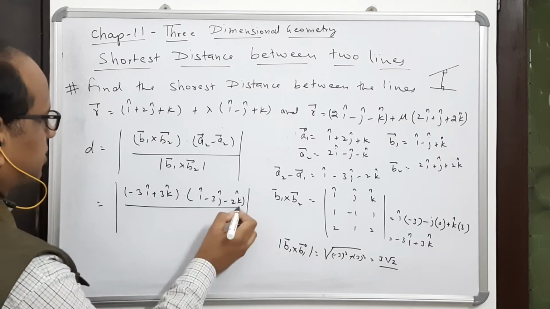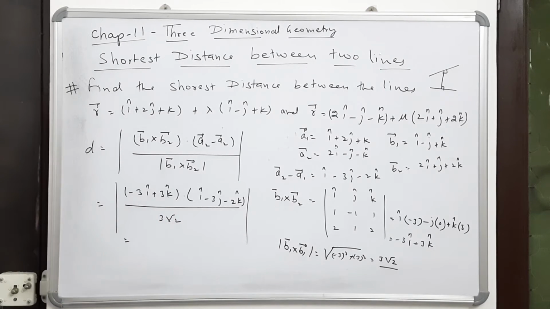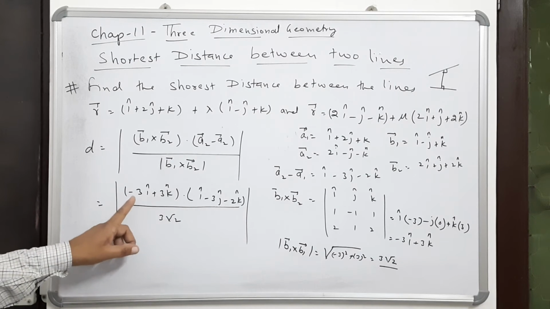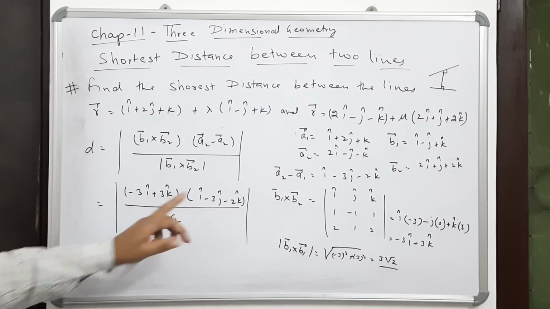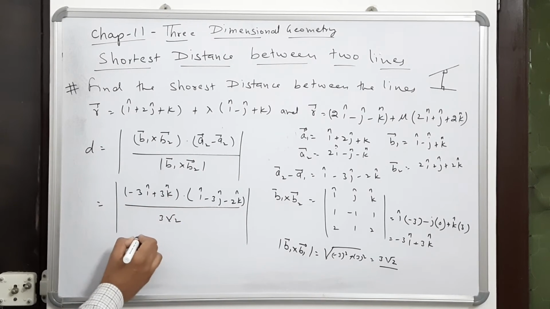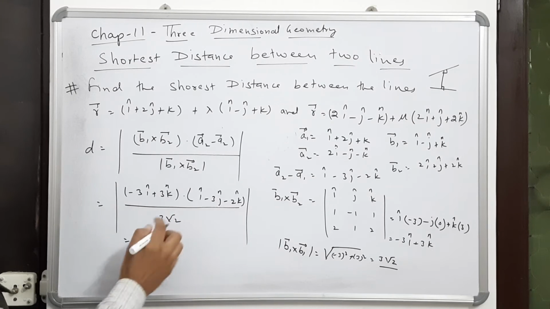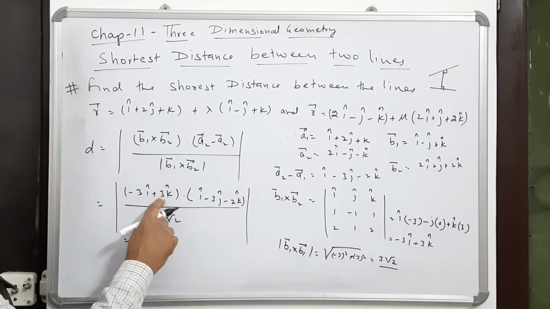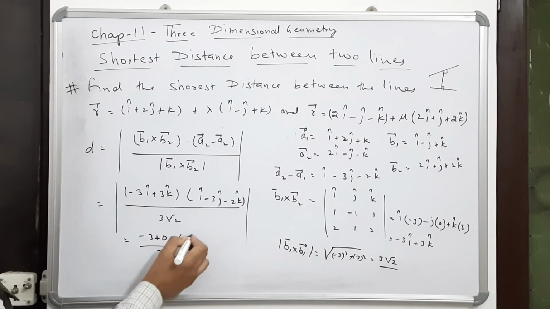Generally in these types of sums, the students make calculation mistakes. So you see this one. Now multiply this by this one. It will be minus 3. This j is not there, so it will be 0. 3 minus 6 upon 3 root 2.